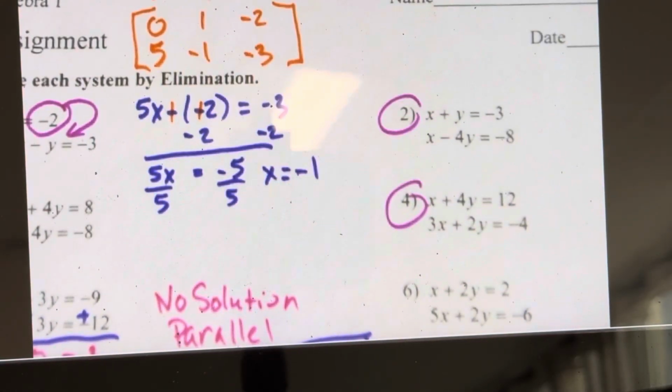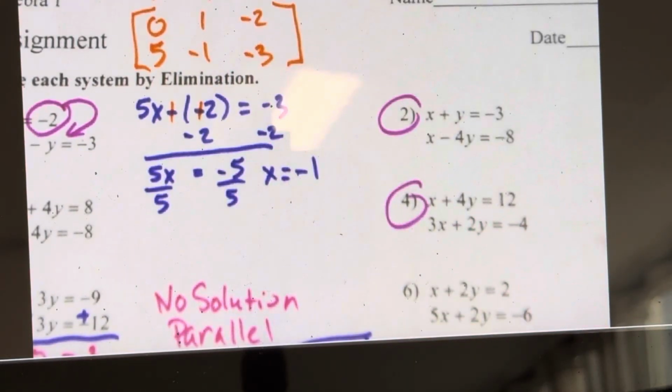Okay, number 2. Like the one we just did, we're going to have to subtract. Which equation do y'all want to change, the top one or the bottom one? Does it matter? It doesn't matter.